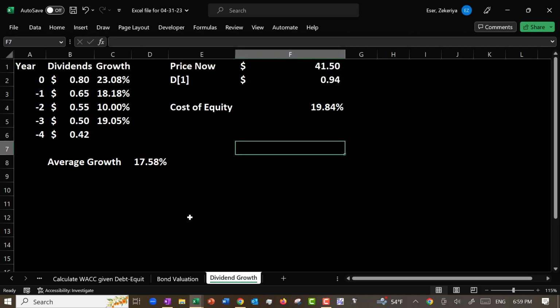So that's the second estimate. This is discount estimates.